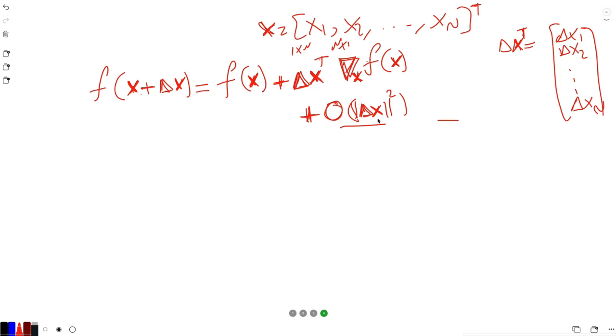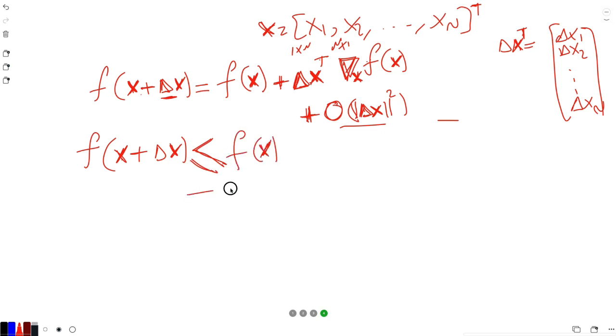Okay, again the same concept that we saw in the single variable case: after we take this step delta x, we need f of x plus delta x to be less than or equal to f of x. This will be achieved when this element is negative.